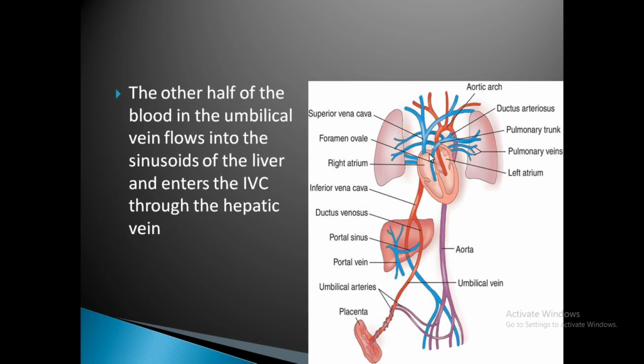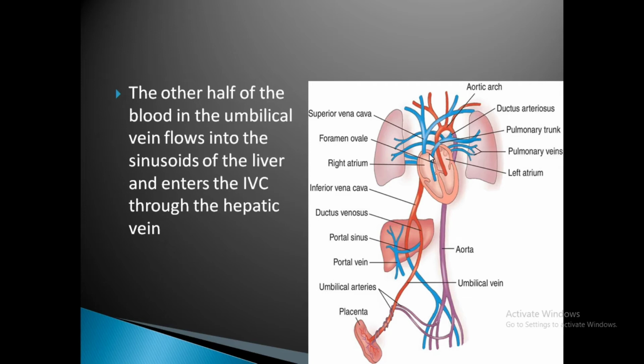So the blood here at the liver splits into two halves, and it disperses the burden on the liver, because obviously the liver needs blood to grow. But if there were no shunt and all the blood came to the liver, obviously it hasn't grown up yet, so it would collapse.